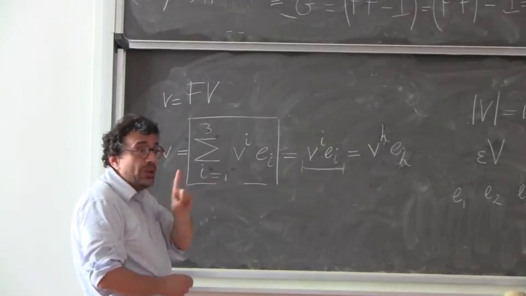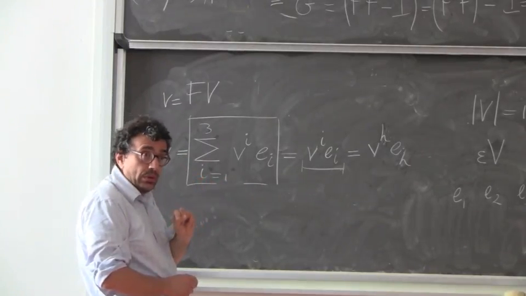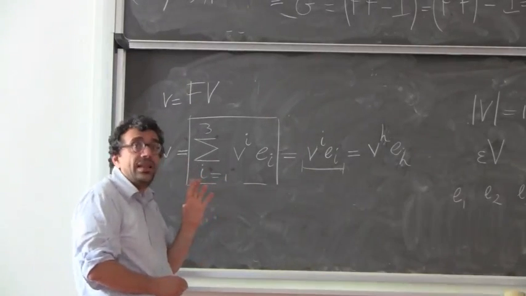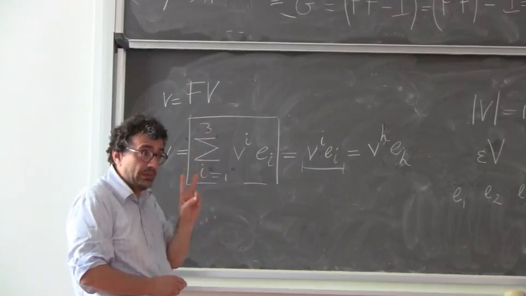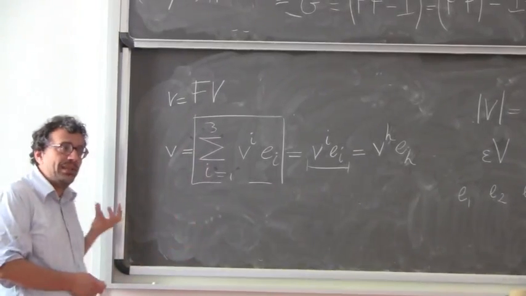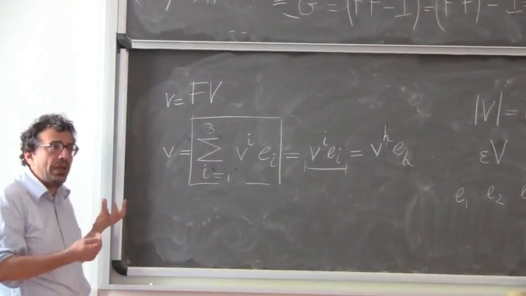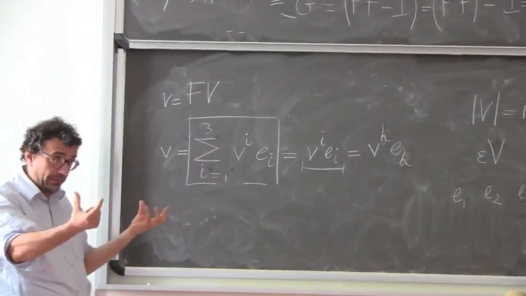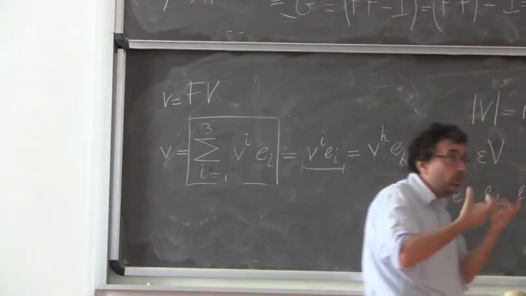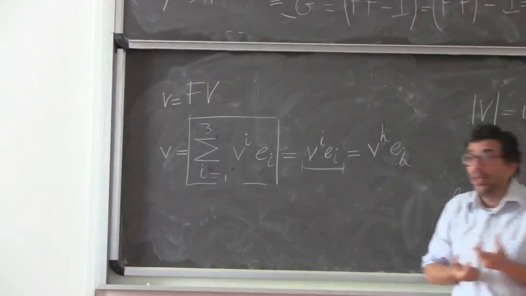Now, we don't have only one vector space. What is very important to understand is that here we have two vector spaces. We have the vector space of material segments and the vector space of displacements. They are two different vector spaces.